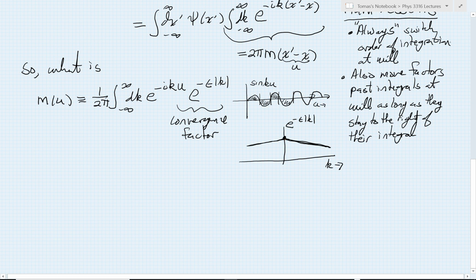And in fact, I'm going to choose that epsilon so small that if I think about this scale here, which I will call k max, over the range of plus or minus k max, there's essentially no difference from 1, which would not change my integral. So I want to make sure this epsilon is so small that there's no change in this function, even out to k max. And by k max here, I mean one of these quantities like the maximum possible momentum in this universe, right? Our universe is finite.